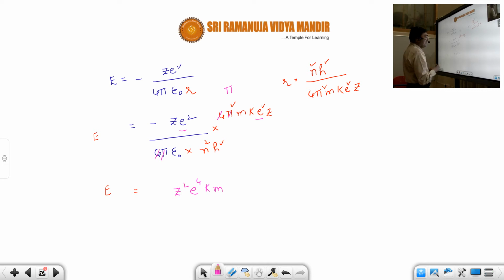Do you agree or not? So Z square e power 4 k m. Is anything else there? Pi is there, right? Here pi is there, here pi square is there, one pi is left, so you have a pi. Agreed?